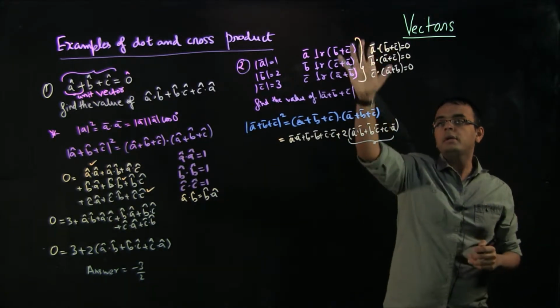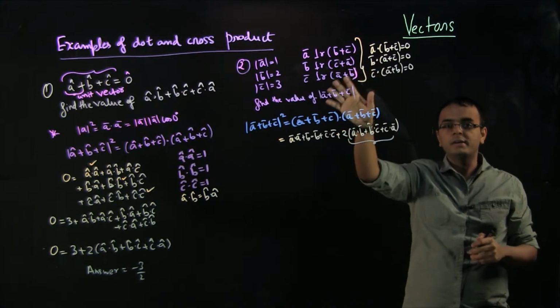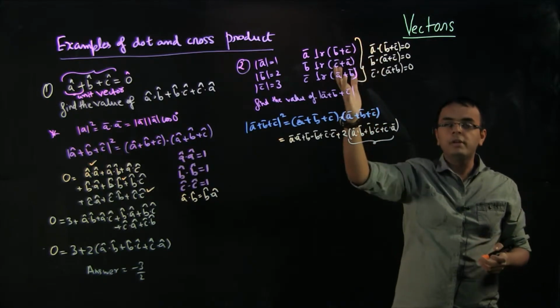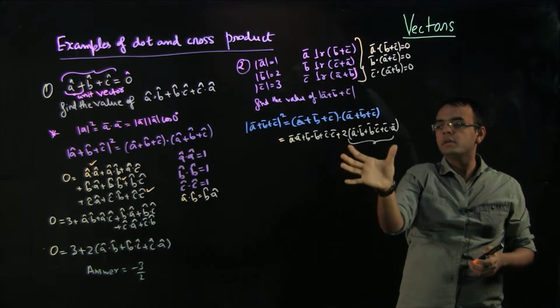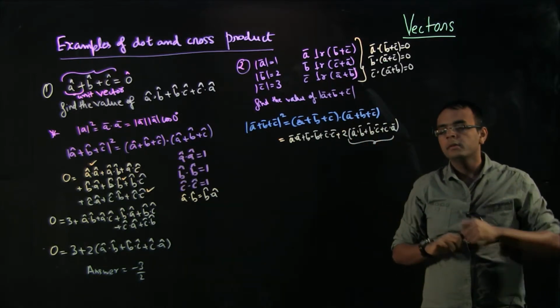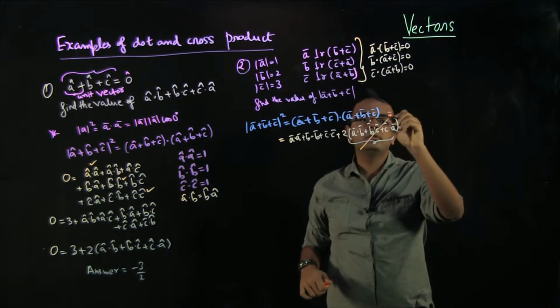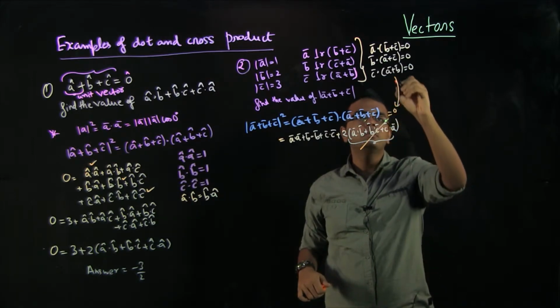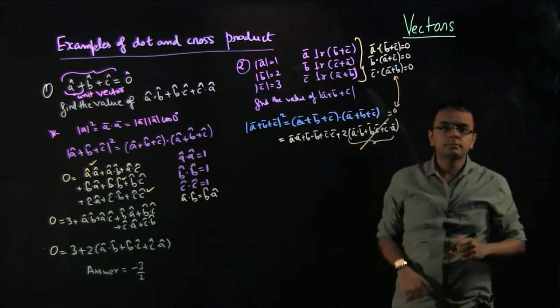I'm not opening up the brackets and adding them, but I hope you can quickly spot that if you add the three equations, you will get 2 times (A dot B plus B dot C plus C dot A) equal to 0. So this means that this value is 0 if you connect these two, right?